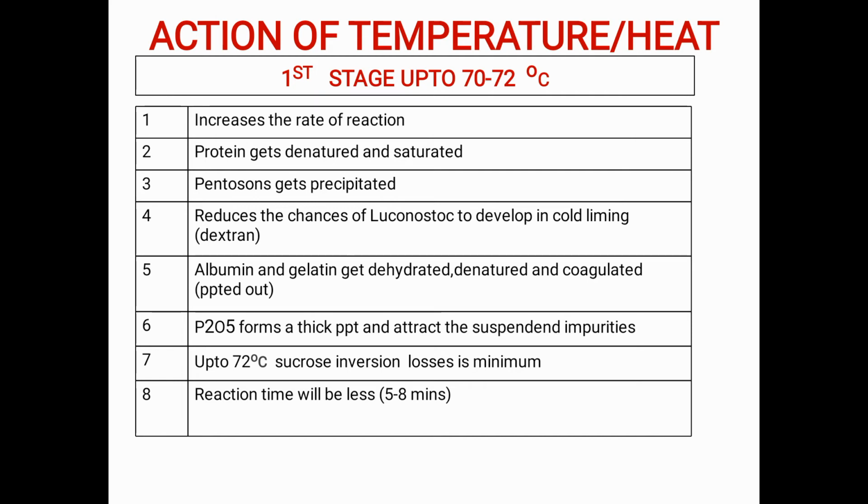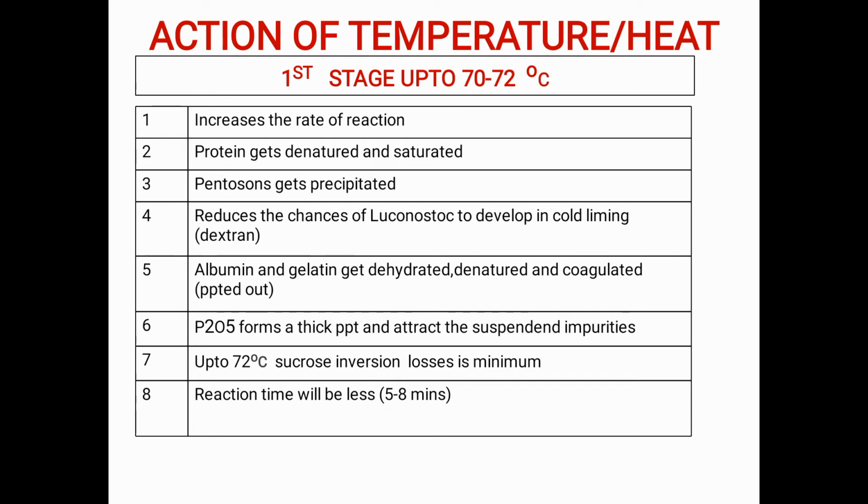Dextran is nothing but a polymer of glucose. So it will reduce the sugar content in the juice. It will just polymerize into dextran, a gummy substance. It will go into the heaters or any heat exchangers, and it will choke the tubes and lines, and many problems will come. So anybody wants to avoid it.